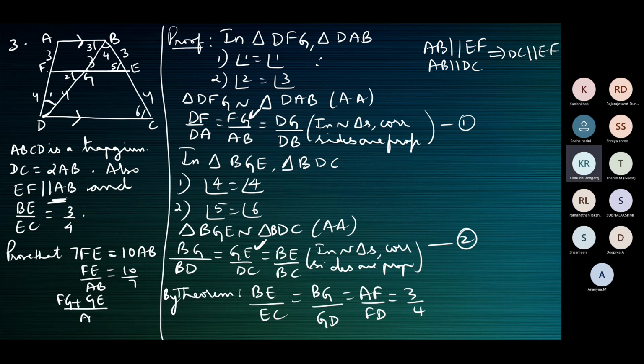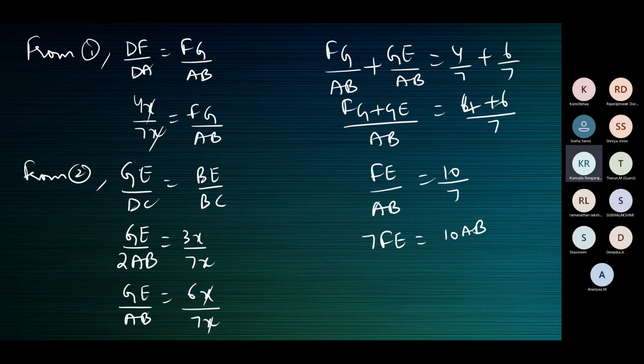So there's nothing but FG by AB plus GE by AB, correct? This you must get as 10 by 7, correct? Just interpreting the final result. So we found FG by AB from one and GE by AB from the other. We add both to get FE by AB.